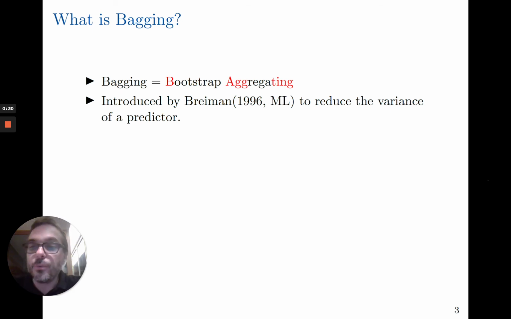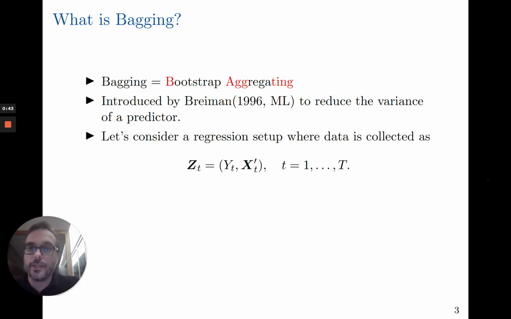And the idea is to reduce the variance of a predictor, but I will show you that it works in a broader scenario, a broader framework. Okay, so let's consider a regression setup where data is collected. That's this Z_t, that's going to be Y, the dependent variable, and X, our covariates. We have T observations.